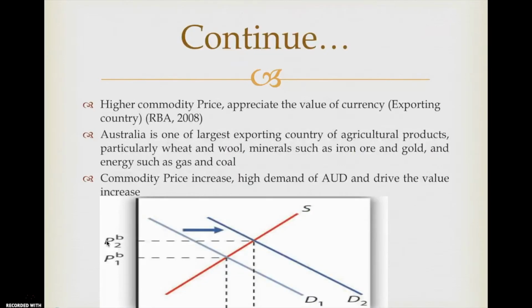For the exporting country, when the commodity price increases, foreign buyers need more currency to buy the goods. Hence, based on the chart, the demand for currency will shift to the right and the price of currency will increase from P1 to P2.